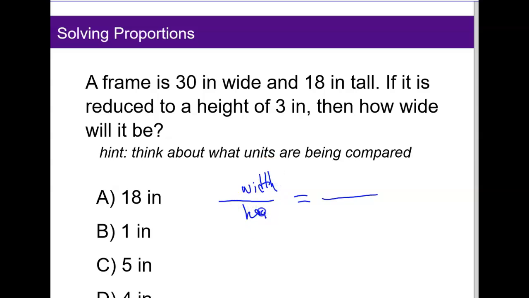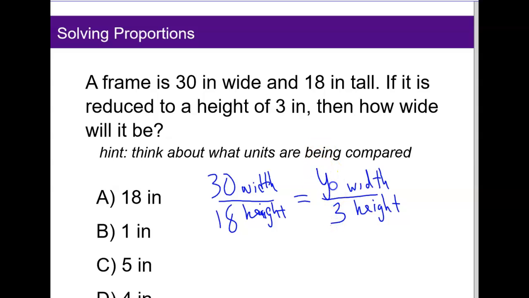So I want to do the same thing to both sides, the width and the height. And this helps me set up my proportion the right way. So a frame's 30 inches wide, 18 inches tall. If it's reduced to a height of 3 inches, how wide will it be?